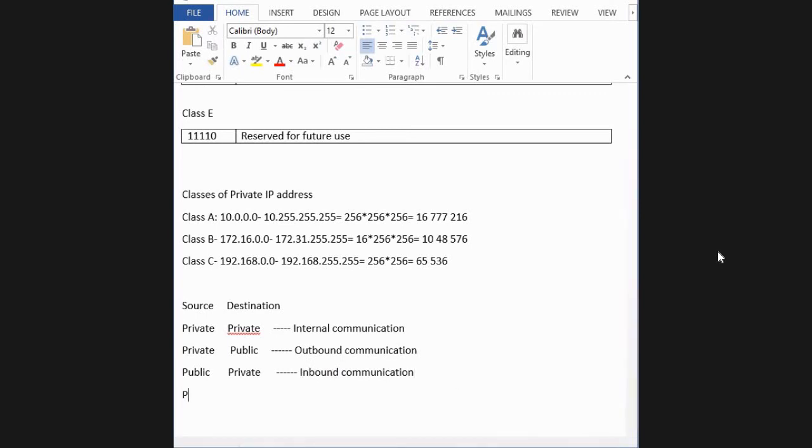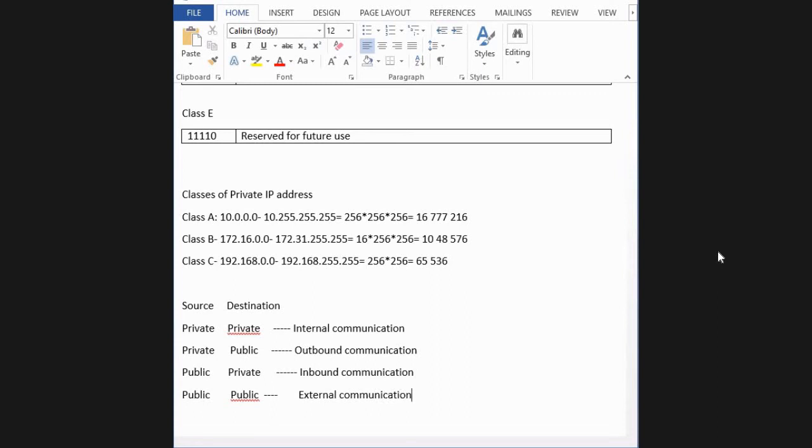Next is public to public: the source is public and the destination is also public, which you call an external communication. That is not relevant to us, but still it is external communication.